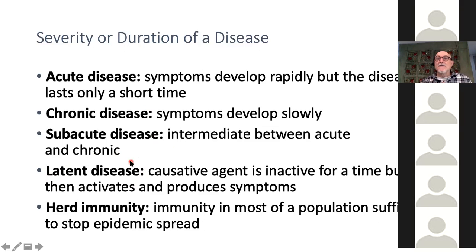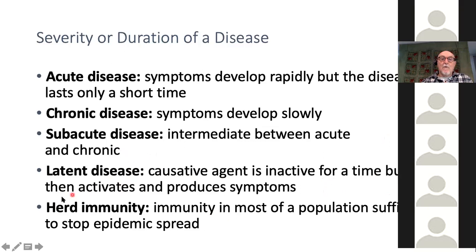And in latent disease, the pathogen is present, but it is not causing symptoms. It does not cause them to feel that anything is wrong, but it may later on activate and produce symptoms. People in either subacute or latent disease run the risk of being carriers of disease, of actually spreading the disease without knowing that they're doing it.